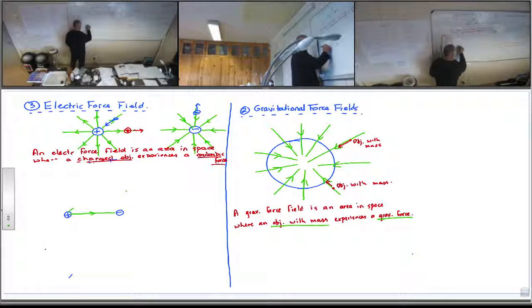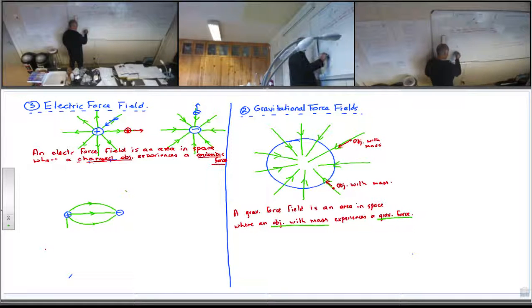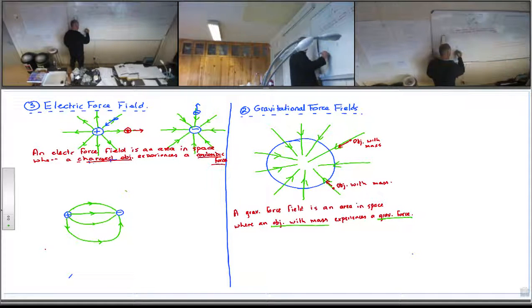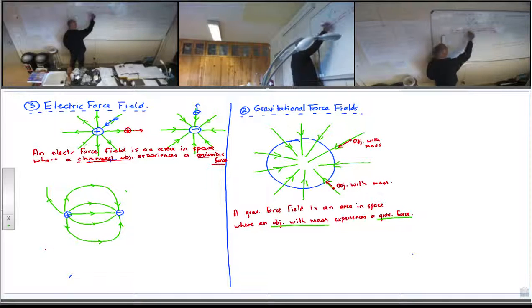So to do like a parabola. Like that. And this one here. And this one. It actually gets attracted around. And that one. That one. Around eventually.